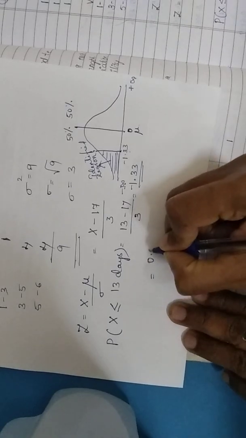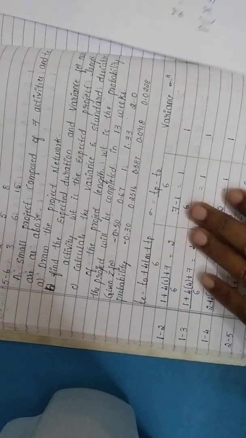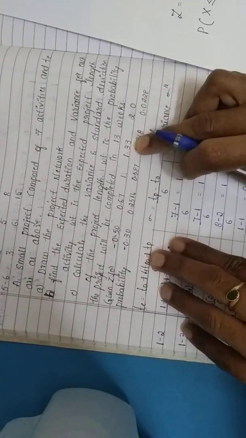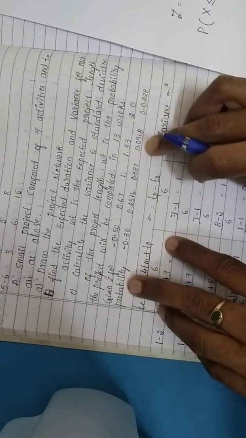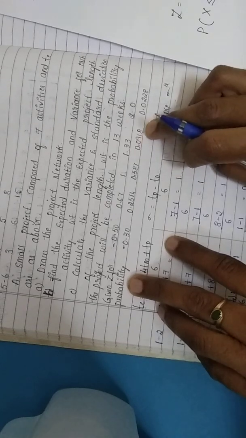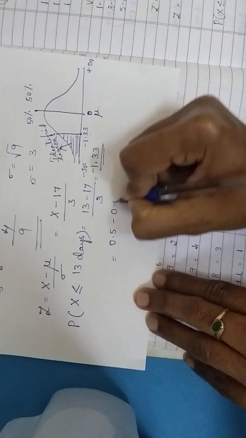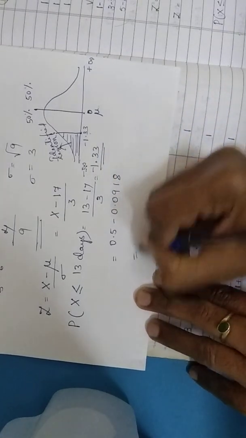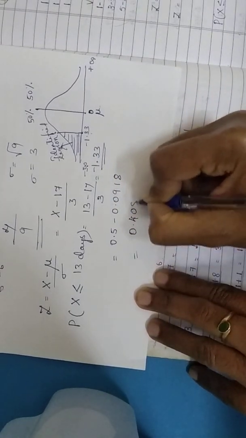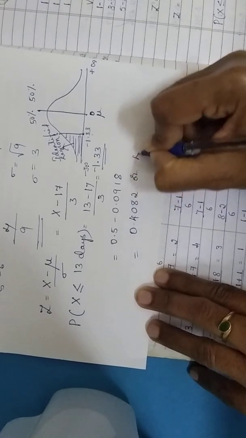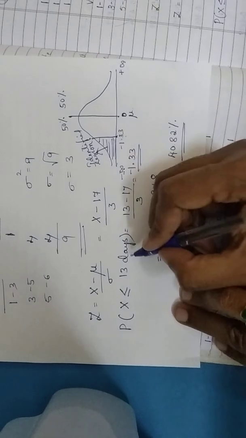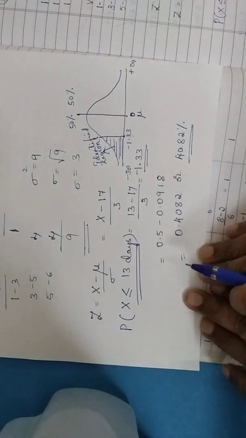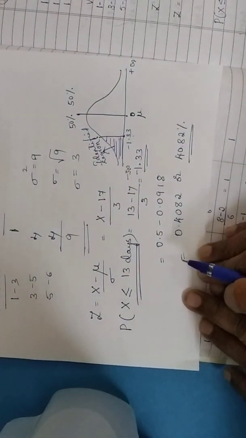Out of 0.5 I have to look into the value for 1.33, which is given to you in the problem as the probability 0.4082. So I deduct it: 0.5 minus 0.4082 gives 0.0918, or 9.18%, is the probability that the project will get completed in less than or equal to 13 days.